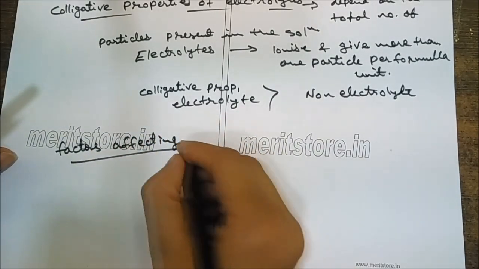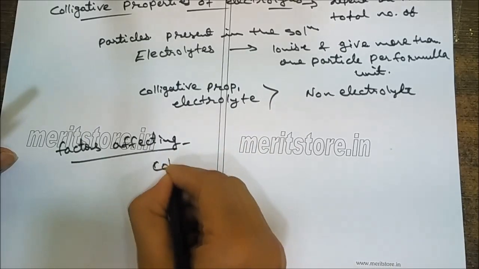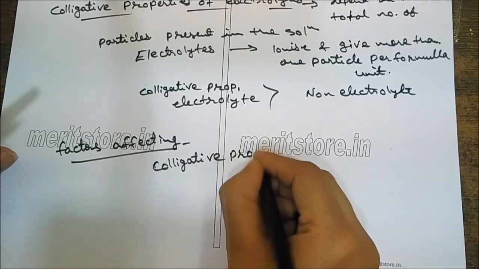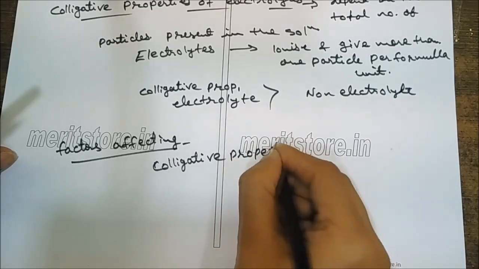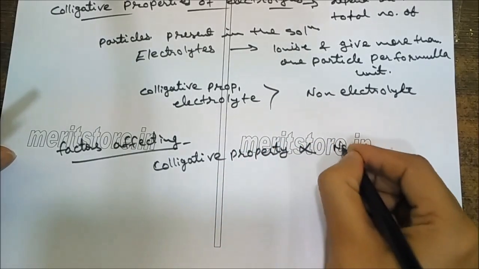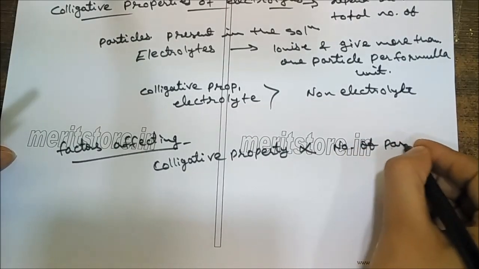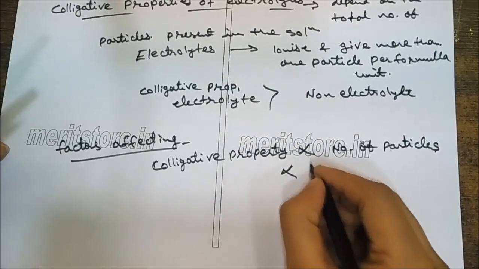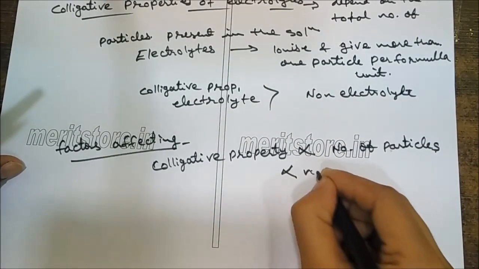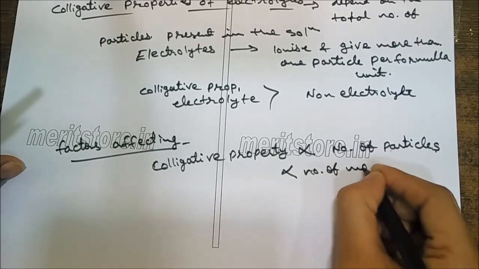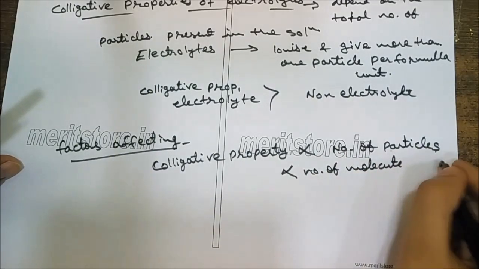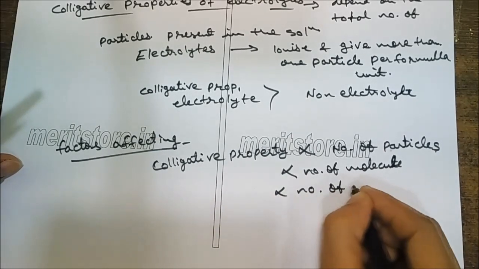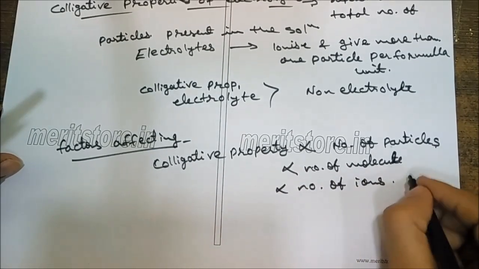Colligative properties are directly proportional to the number of particles. If number of particles are more, then the colligative properties will be more. Number of particles or number of molecules in case of non-electrolytes, and number of ions in case of electrolytes.